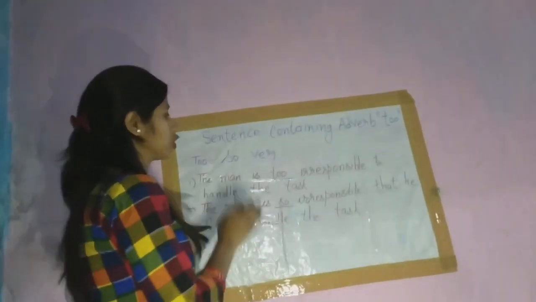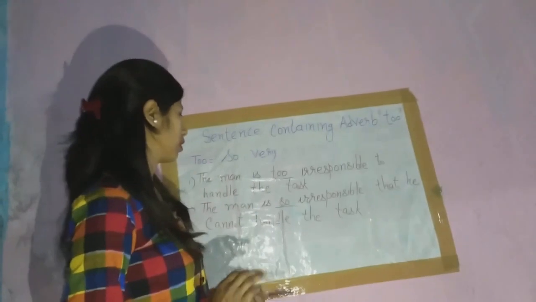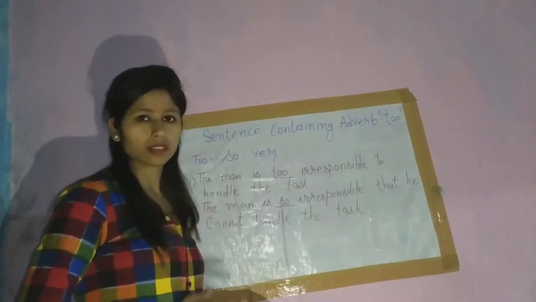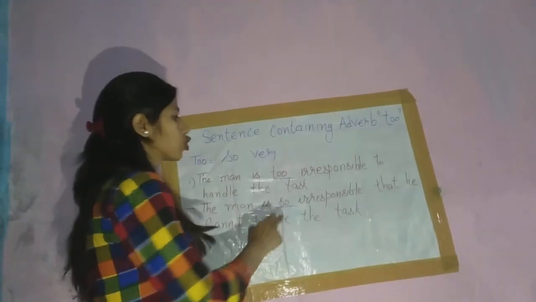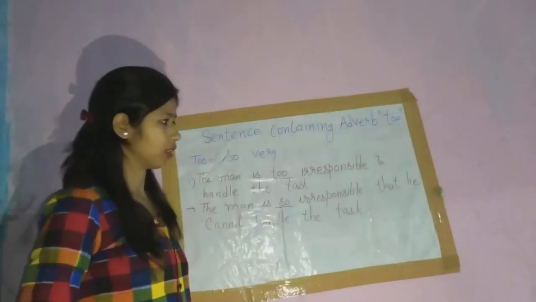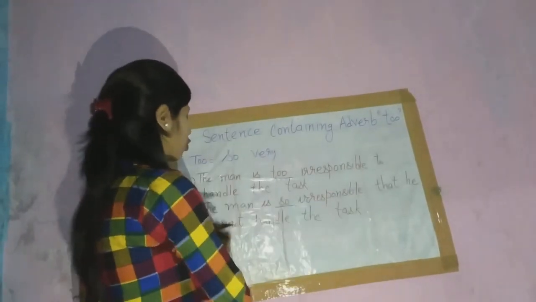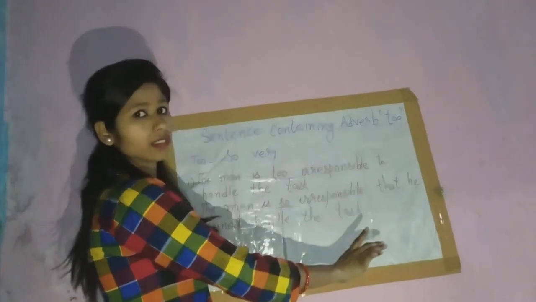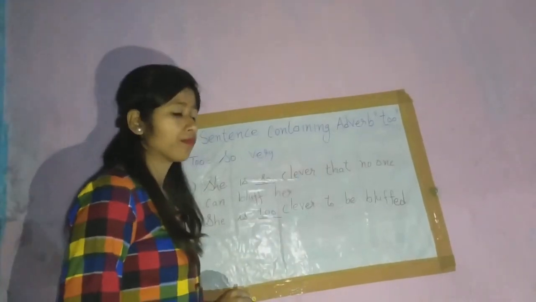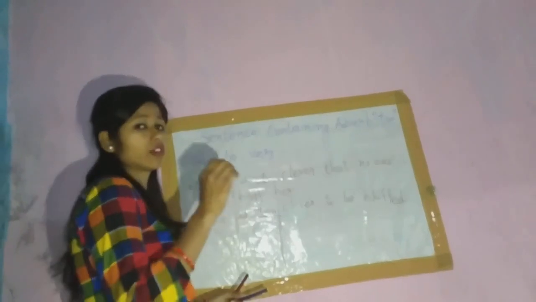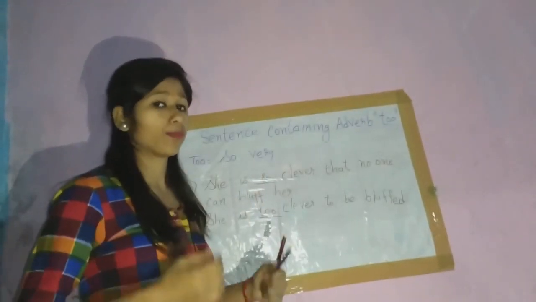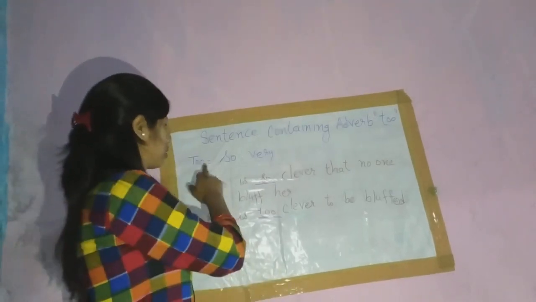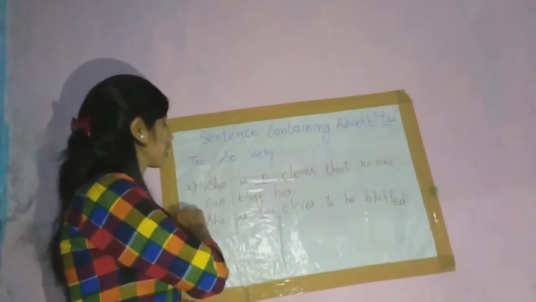See the example. The man is too irresponsible to handle the task. We can change this to: The man is so irresponsible that he cannot handle the task. See another example where you can see the use of so in the first sentence, and now we have to replace so with too.